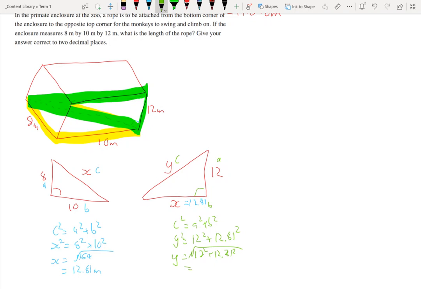And put that into our calculator. Square root of 12 squared plus 12.81 squared. 17.55 meters. So there you go. The rope connecting the bottom to the top corners, opposite corners, would be 17.55 meters long.